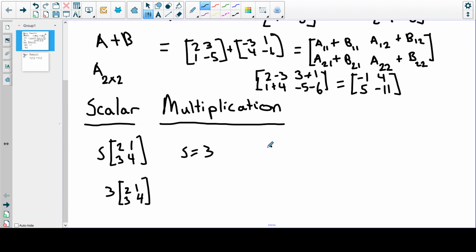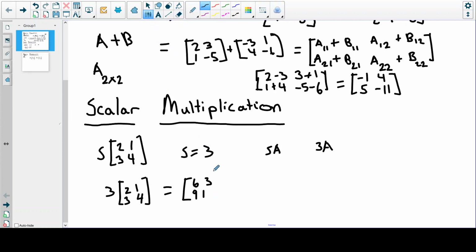Sometimes you'll see 3 of A be the same thing if this example matrix was A. And so then your final product is going to be the multiplication of that scalar to each element, which is going to be 6, 9, 3, and 12. So that's going to be your final answer for scalar multiplication.